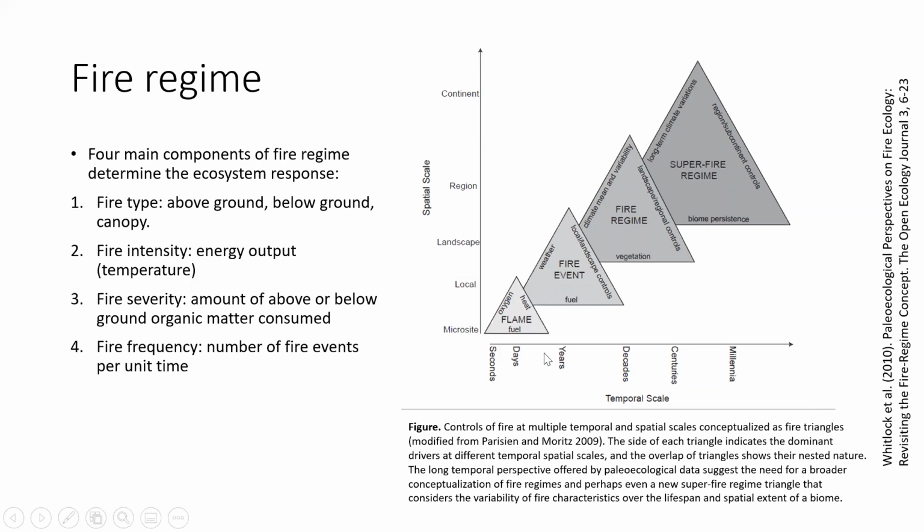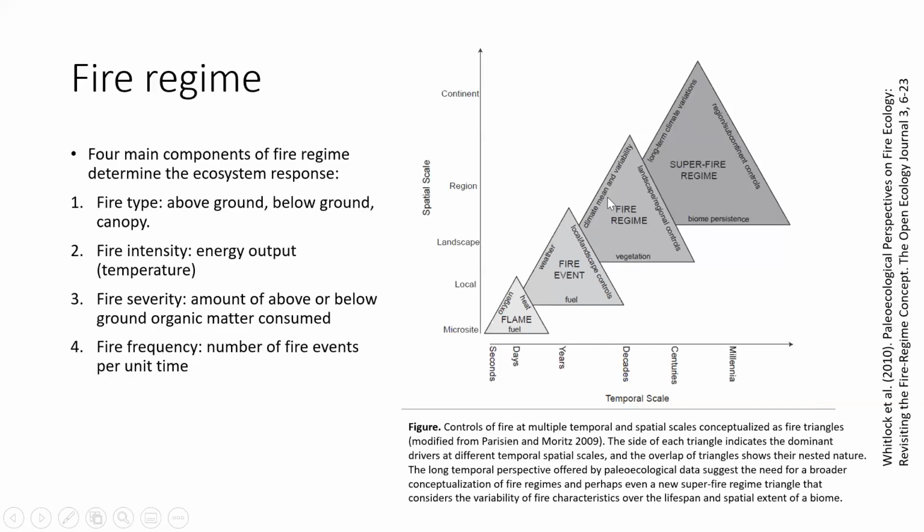So just the factors that can bring the fire on. Then when we go further on the scale, we can have a fire event, and then it is affected by weather and fuel, so basically the material there is to burn, and it can have local or landscape level controls like topography or moisture conditions, and that may affect how the fire event is and what kind of effect it has on ecosystems.